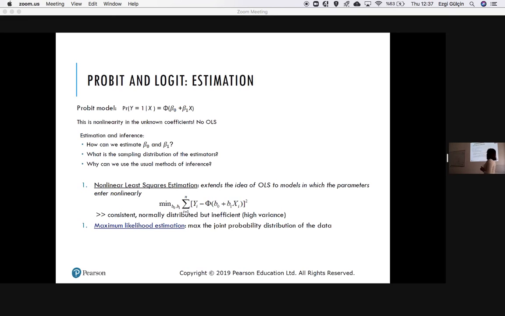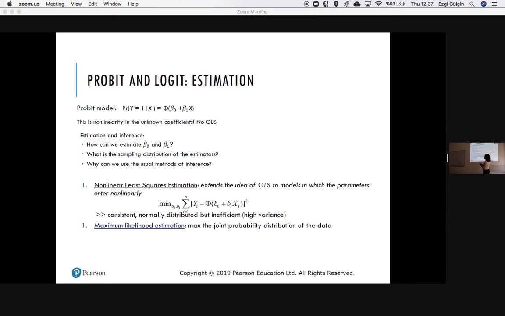Okay, so I just want to now devote 15 minutes to the estimation methods. As I told you, we are not anymore using the OLS because we have nonlinearity in the unknown coefficients, and there are two possibilities.